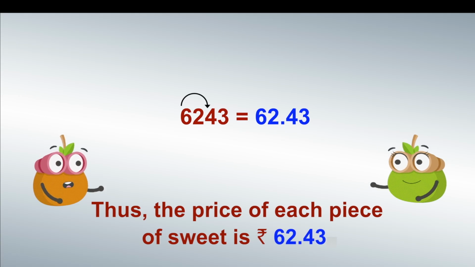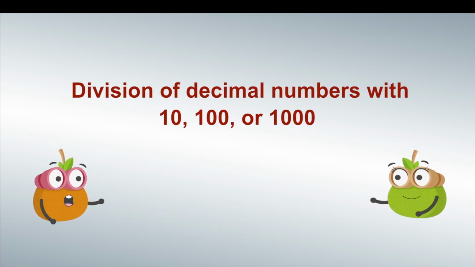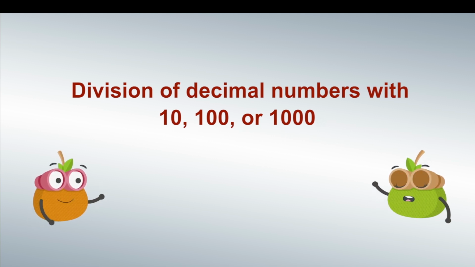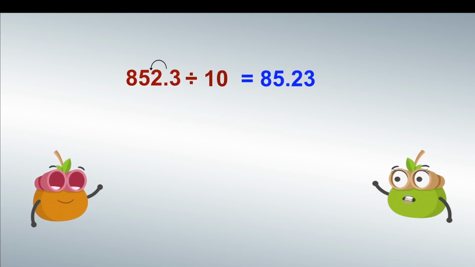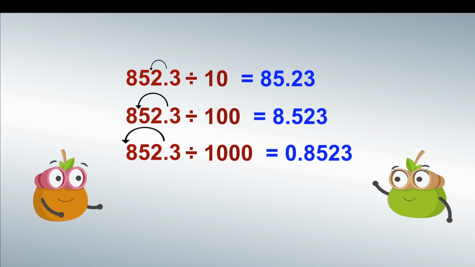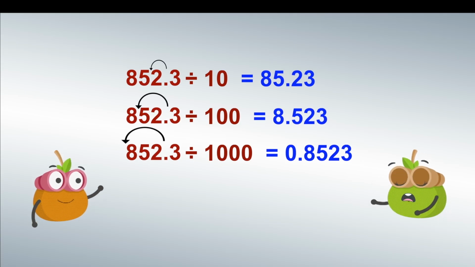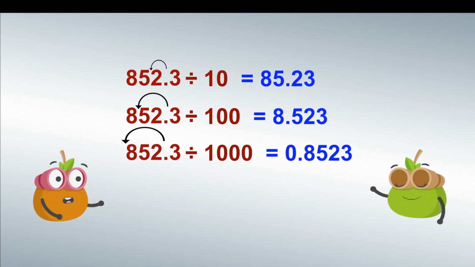It is interesting. Like multiplication of decimal numbers with 10, 100 or 1000, can we also do division? Yes, we can. Let's see how. When the divisor is 10, 100 or 1000, we just need to move the decimal point to the left by as many places as the number of zeros in the divisor. I understood.